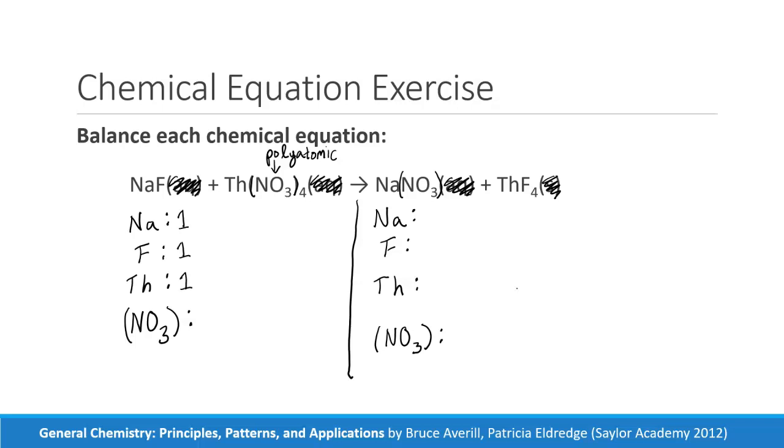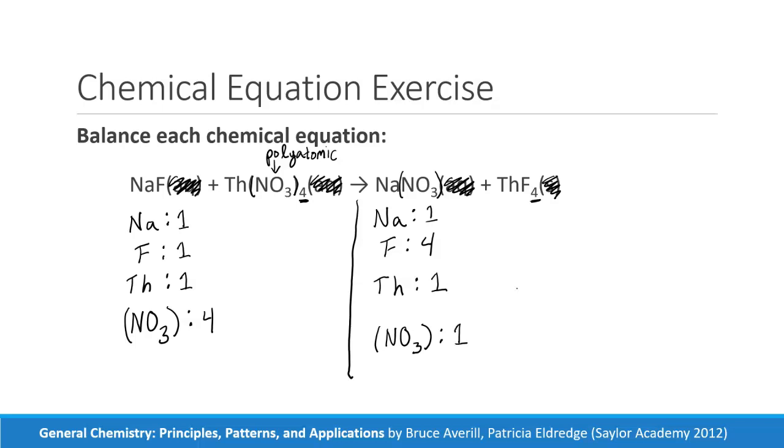Now for that NO3, we want to look outside the parentheses to see what the subscript is. On the reactant side, that's a 4. And then on the product side, again, we have 1 sodium and 4 fluorines, 4 F, 1 TH. And if you notice NO3, there's nothing outside of that parentheses. It's a simple NO3, so that would be 1.